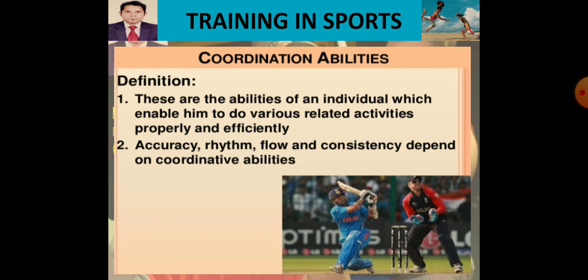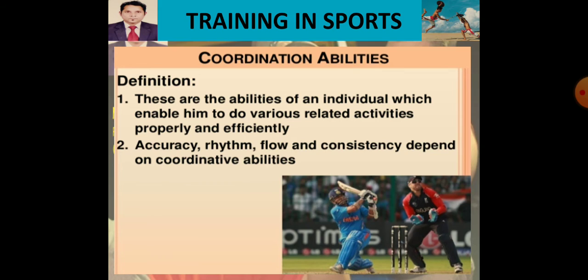I can give you an example, like the person is moving the leg and moving the hands. Eye hand coordination, like eyes are on the ball and hands are performing the action. So there are various types of coordination. The second type of coordination comes when we are coordinating with another player.